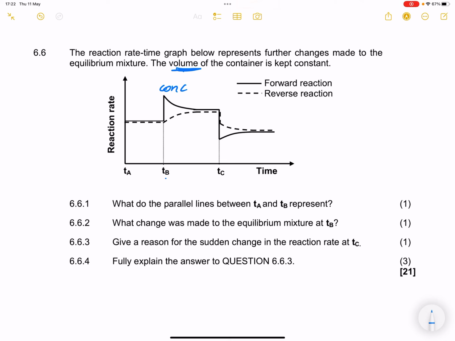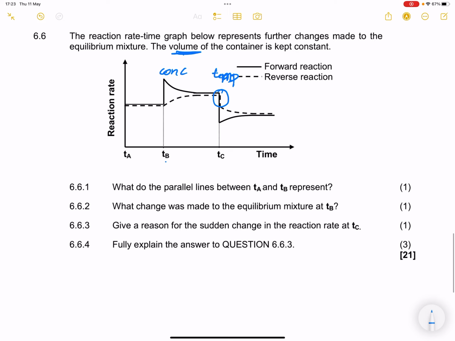And the reason for that is simple, because changing temperature has a tendency of changing both the forward and the reverse reaction initially, and then equilibrium would start shifting and so on. So when I look at time TB, then I know it's concentration, and definitely in this case that looks like temperature, because can you see both rates actually decreased initially?